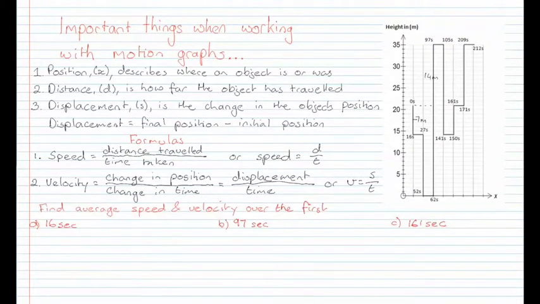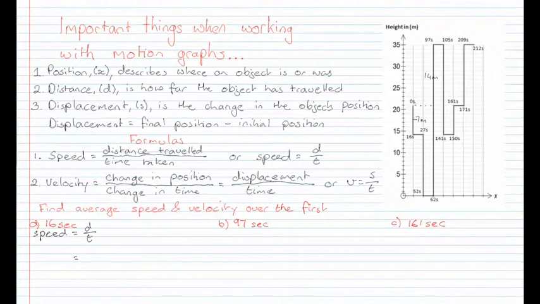Okay, so let's have a look at finding the average speed and velocity over the first 16 seconds, 97 seconds, and 161 seconds. So starting off with 16 seconds, and we'll find the speed to start off with. So speed is equal to distance travelled over time taken.